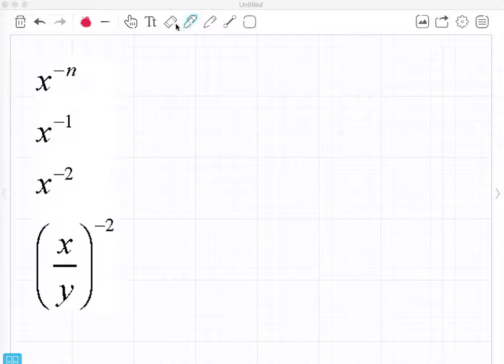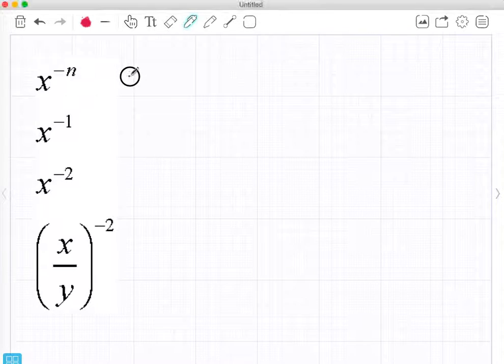Most students are okay with the simple rules, but when we start having negative indices and also some fractions that we're going to deal with later, things start to go a little bit wrong. So when you see the negative in the power, all it does is make this number reciprocal with the power. Now the reciprocal means to flip the fraction over.